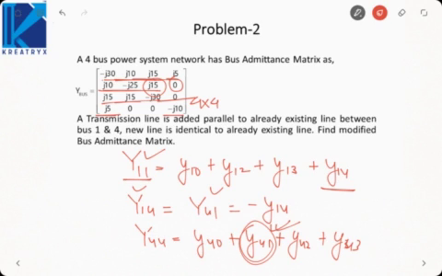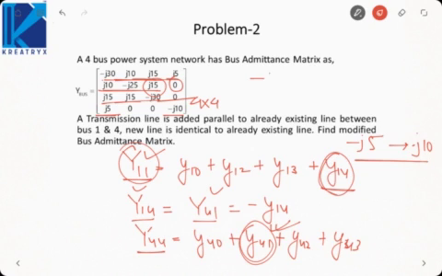First element y11, y14 and y41 and y44. Now y14 was initially minus j5. Now it has become minus j10. So there is an increment of minus j5. So this element, y11, will be increased by minus j5. That is, it will go from minus j30 to minus j35.